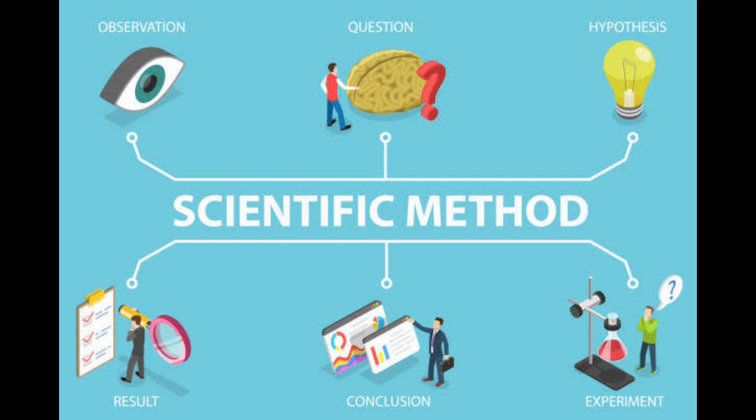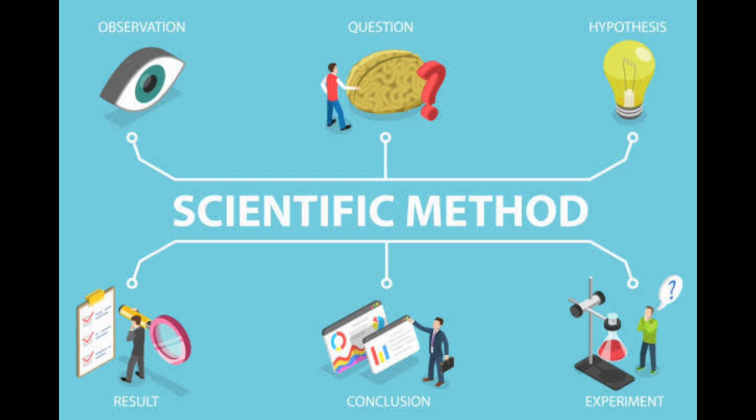What is a scientific method? It is an empirical method for acquiring knowledge that has characterized the development of science. In other words, it is the process by which science is carried out.